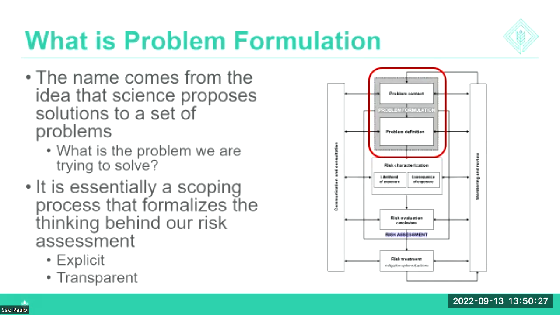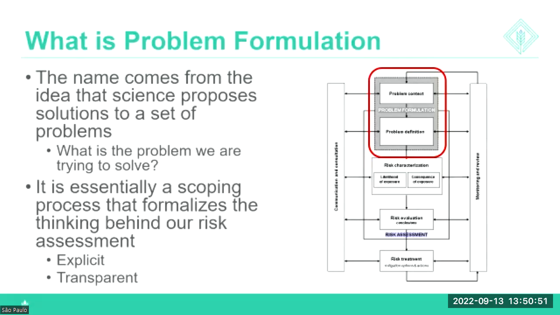There's a lot of arrows and boxes on this diagram. Problem formulation is the part that you do at the beginning, and you can get hung up on whether it's 2 steps or 4 steps or 5 steps. It doesn't matter. I like to divide it into a context and a definition stage, but really it's just a scoping process for what am I going to assess during this assessment.